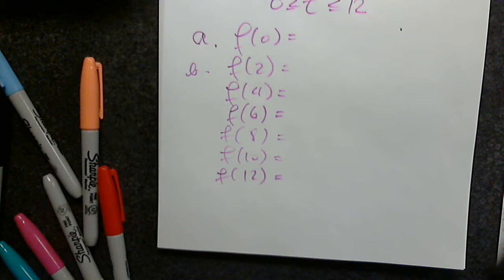And then I go to second and table set. I always have to change this because it goes back to default. So then second and table, and I will plug in what I need. 0, enter, 2, enter, 4, enter, 6, enter, 8, enter, 10, enter, 12, enter.